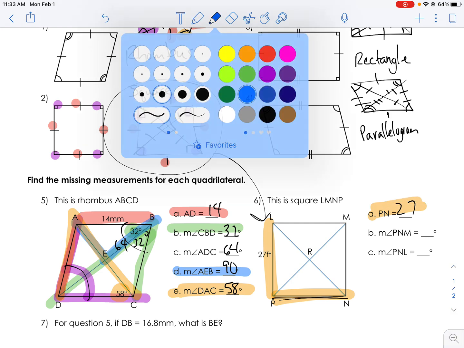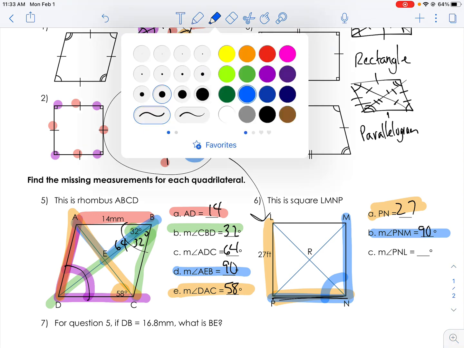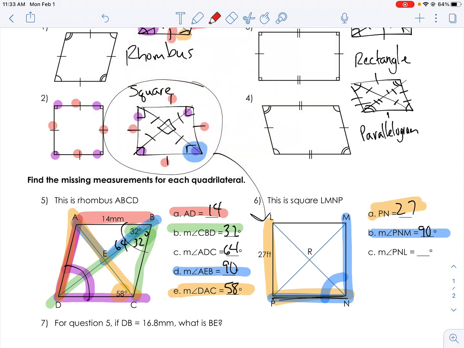Then we have PNM, so that's this angle right here, 90. And then they also want to know PNL. Well, that's half, because these all will have the same marks. Well, half of 90 is 45.